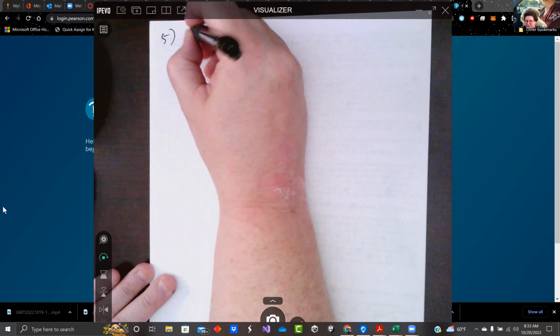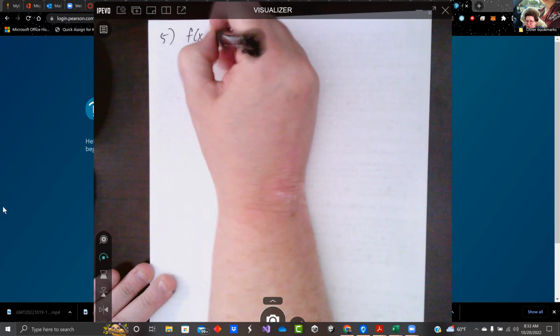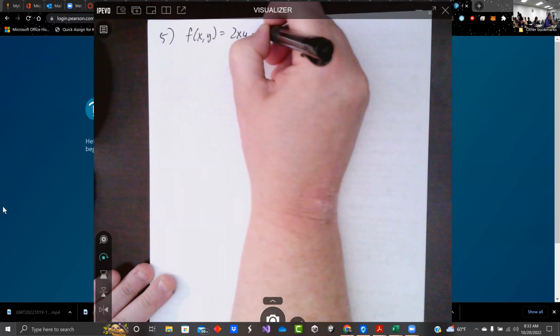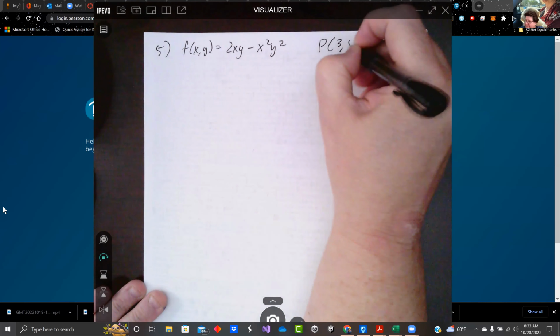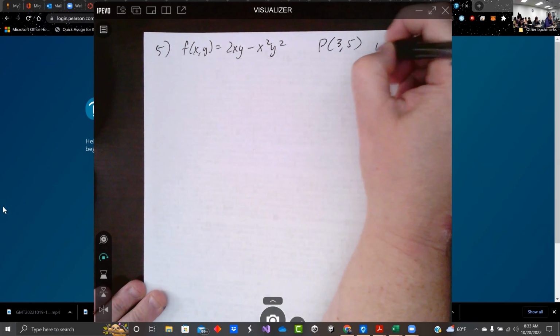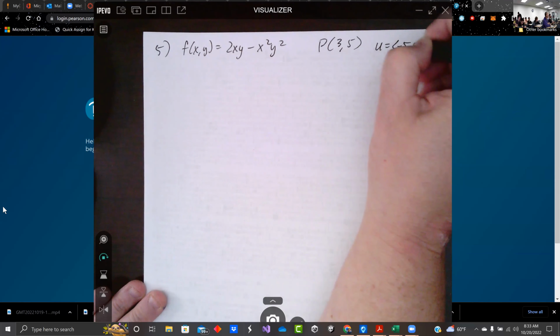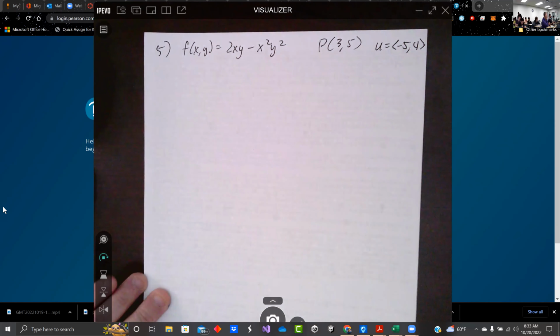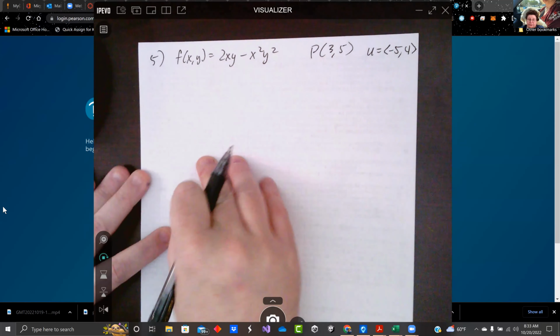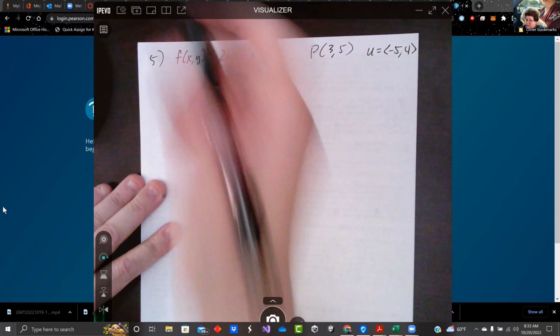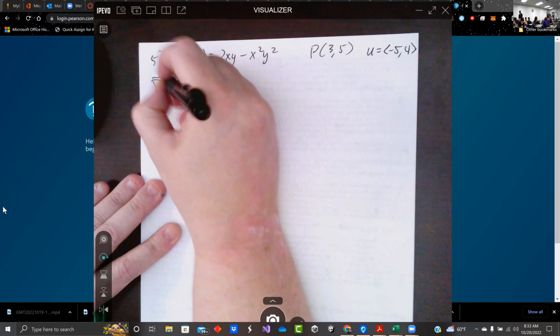Number 5, we have f of x,y is 2xy minus x squared y squared. P is (3, 5). u is listed as (-5, 4). We want the rate of change of f in the direction of u. I'm pretty sure that is the same answer.